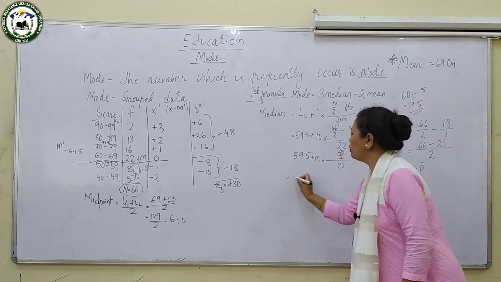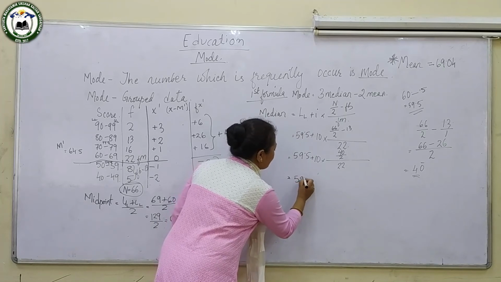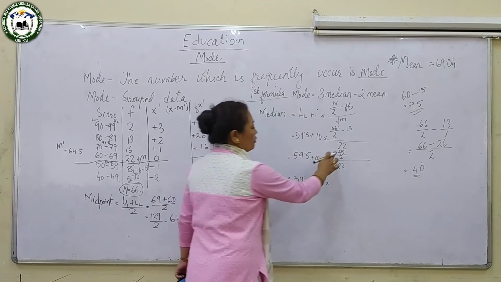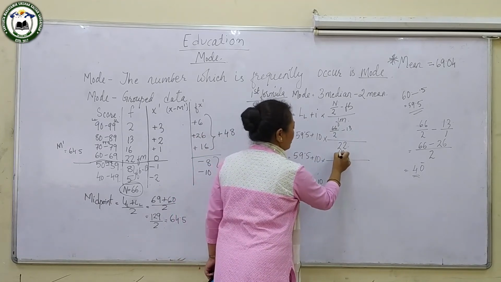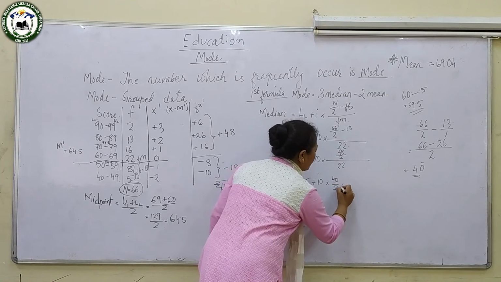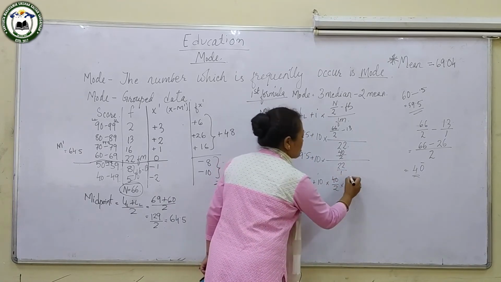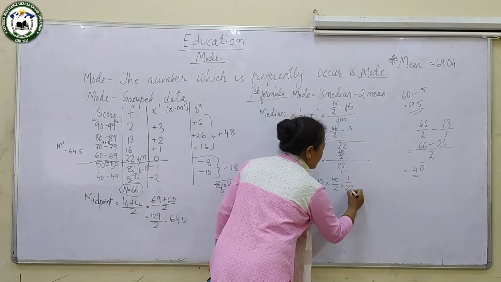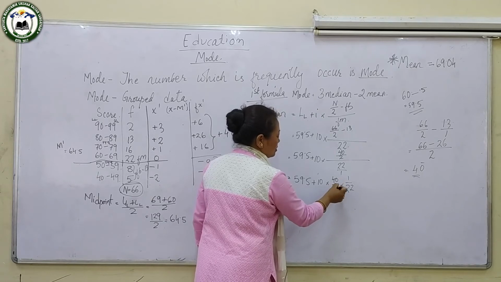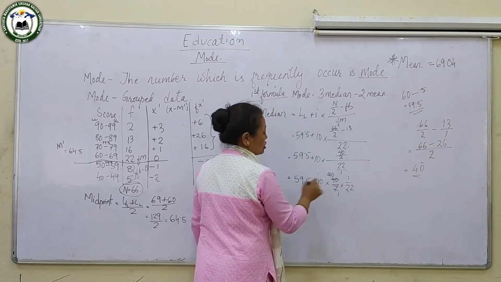Okay, now we'll follow the next step, that is 59.5 plus 10 into 40 upon 2 into, since 22 means 22 upon 1, so 1 upon 22. So you just cut all the numbers, so 2 1s are 2, 2 20s are 40.